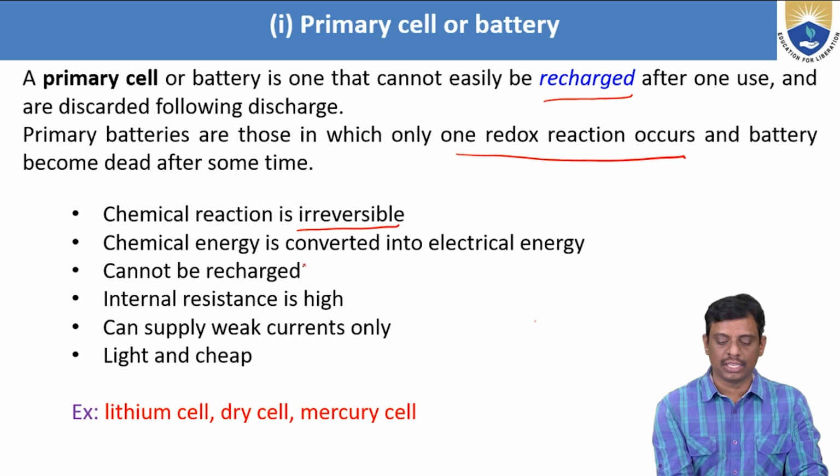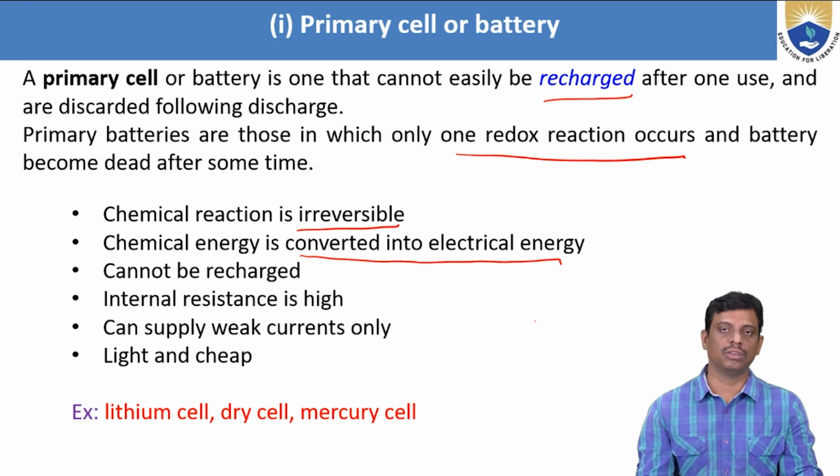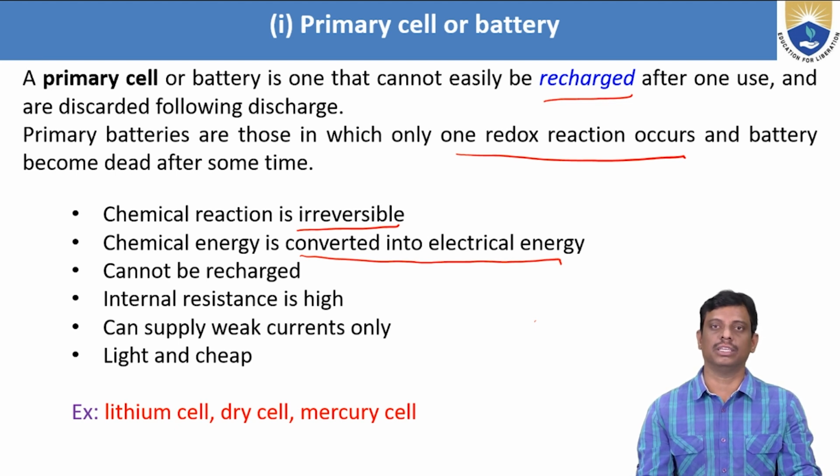Here, chemical energy is converted to electrical energy. In the primary battery also, a spontaneous redox reaction happens, and chemical energy is converted to electrical energy. We know that any electrochemical cell works on this principle.